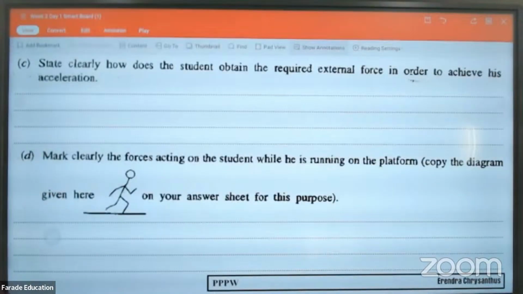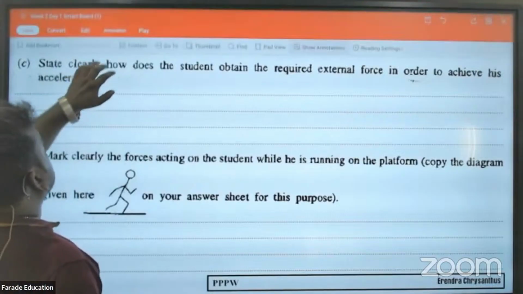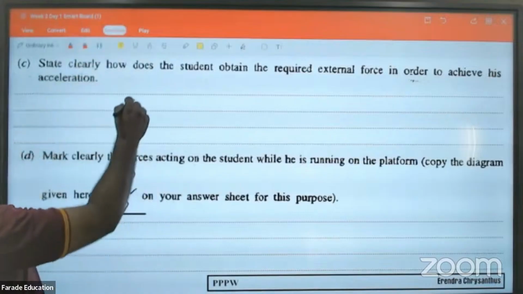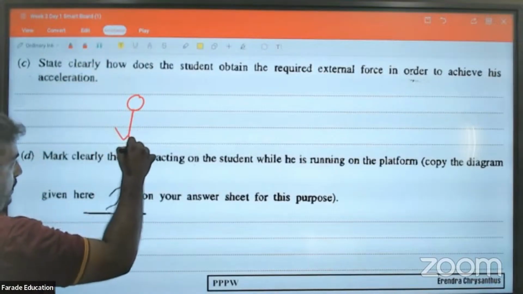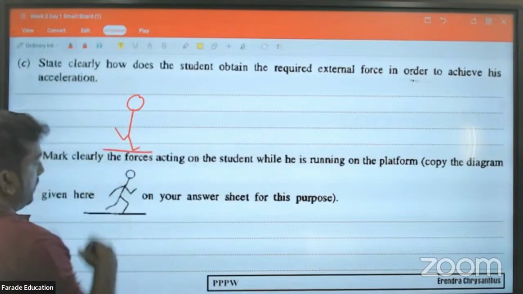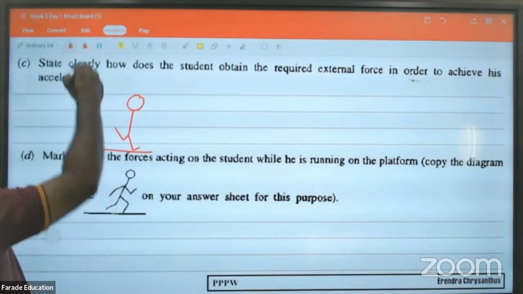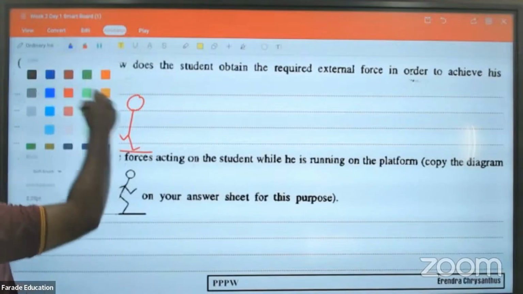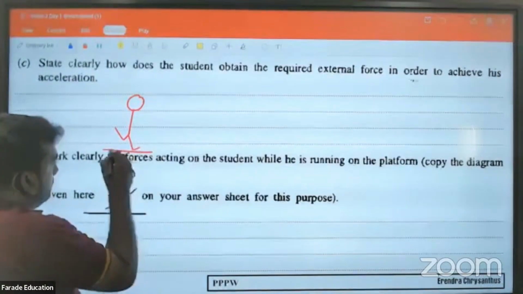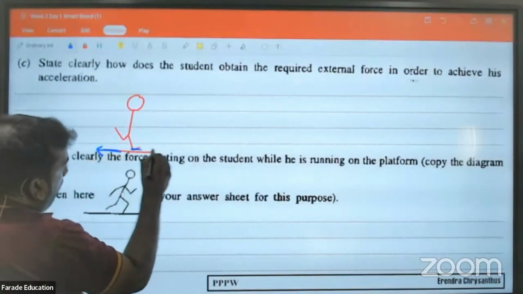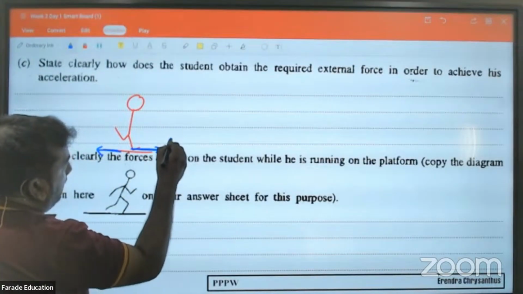State clearly how the student obtained the required external force to achieve this acceleration. So, what's the method? The student's front leg is pushing the rod backwards. The rod is pushing the student in the forward direction.